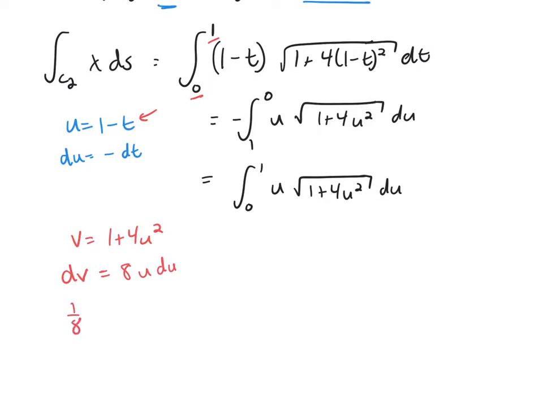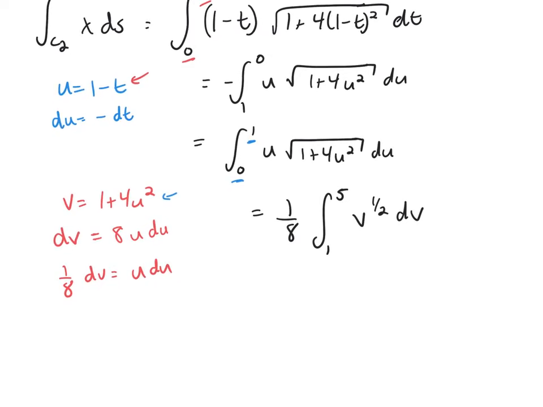So you're going to get a 1/8 out in front: 1/8 times the integral of v to the 1/2 dv. Now change your bounds again. If you plug in 0, you'll get v is 1. If you plug in 1, you'll get v is 5.